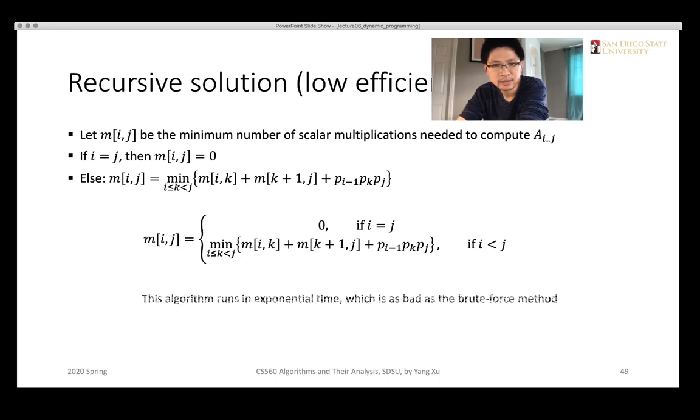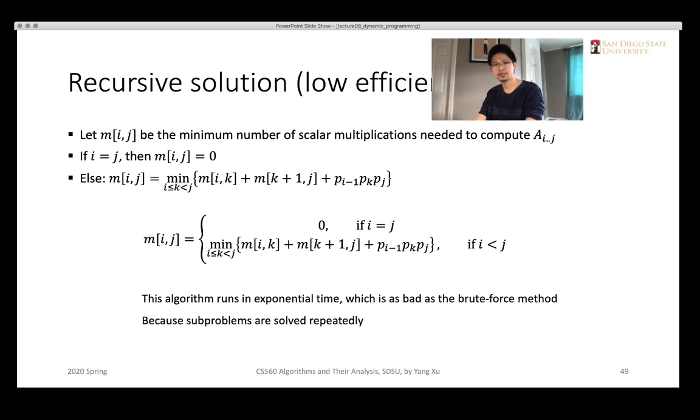So in the dynamic programming solution, we need to make sure that we solve each subproblem only once, and the second time we meet the same problem, we just use a lookup table or some similar mechanism to retrieve the old solution.